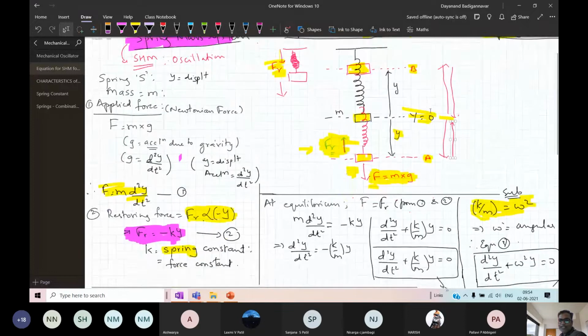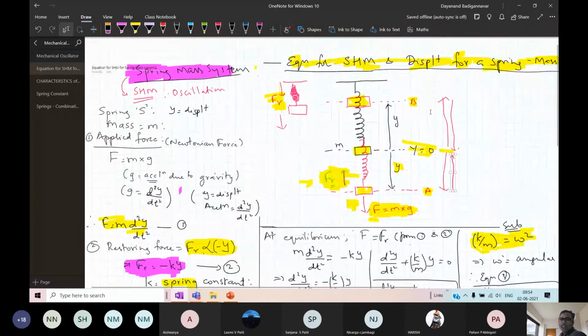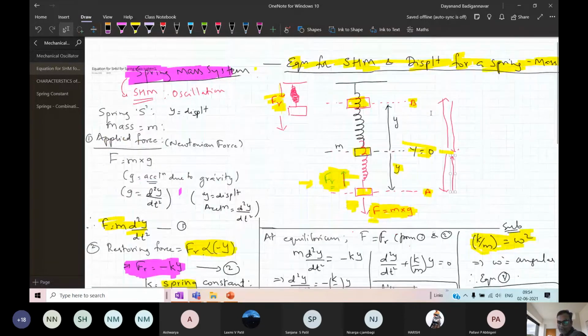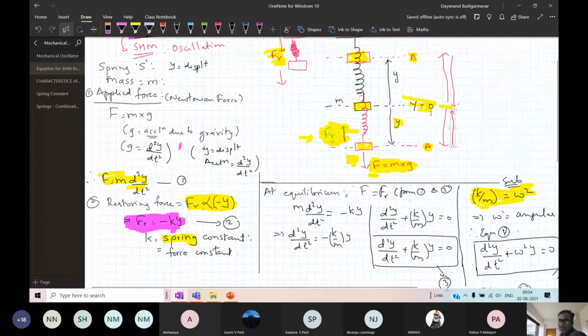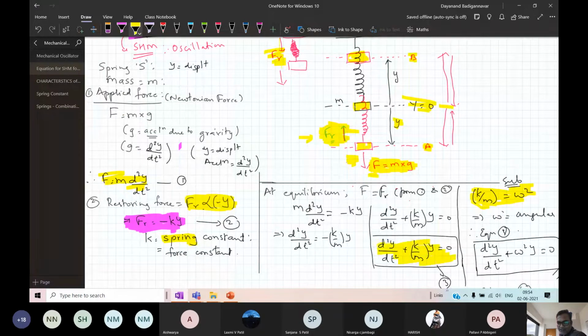We have taken a spring and discussed how it oscillates with the help of the restoring force. It is setting up the oscillations, and we have evaluated the equation for SHM. From equations 3 and 4, we can represent the equation for SHM for a spring mass system. Clear?